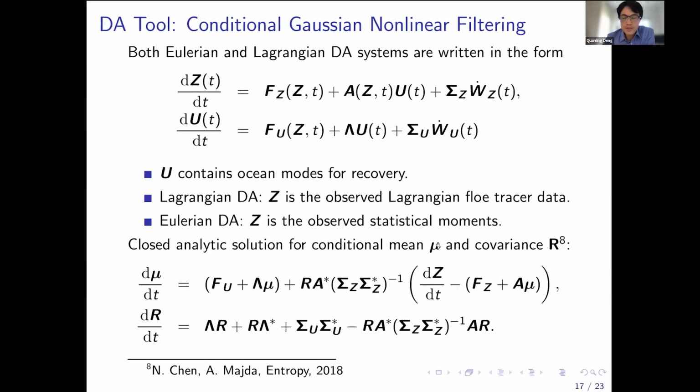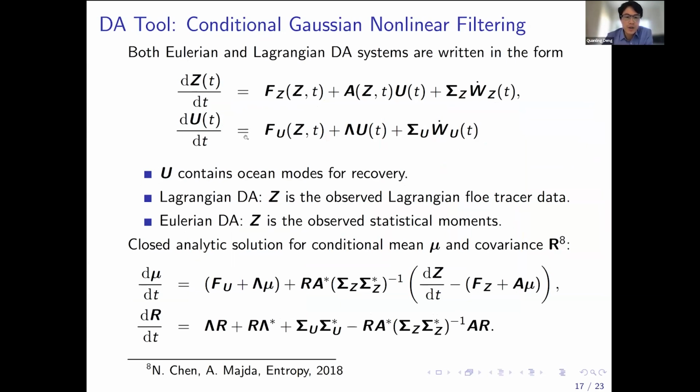So this is the tool: the data assimilation tool, conditional Gaussian nonlinear filtering. For both systems, Eulerian or Lagrangian, we can write them as a vectorized system. The first one is Z, which is the observed information.